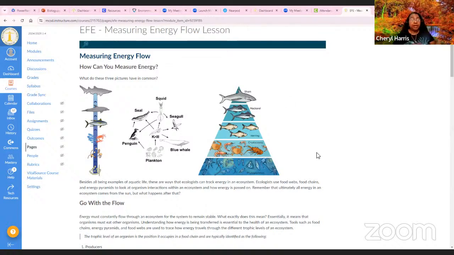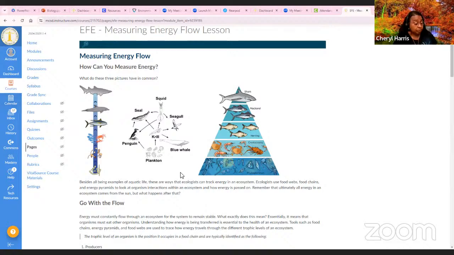The pyramid and the food chain tend to look at just one type of feeding relationship, whereas the food web looks at several. So we've got a variety of things in the middle, but the two on the end tend to be the same.